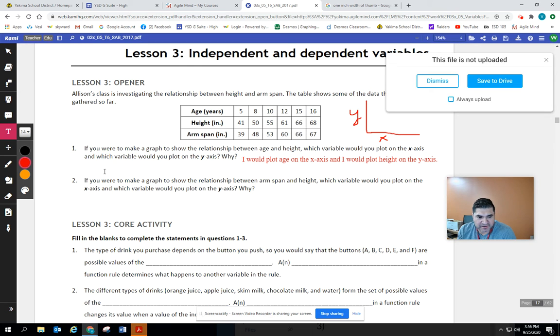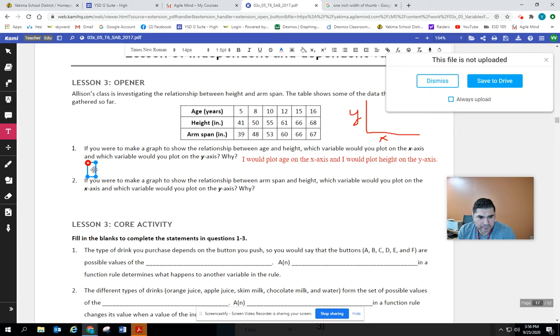I'll go ahead and type in because the x-axis usually refers to time.